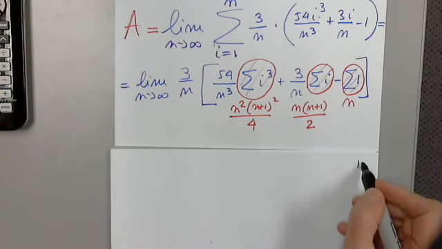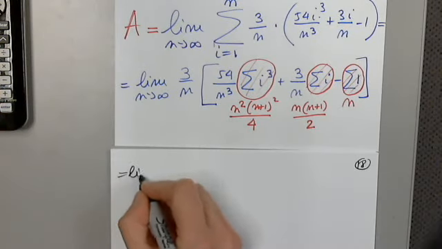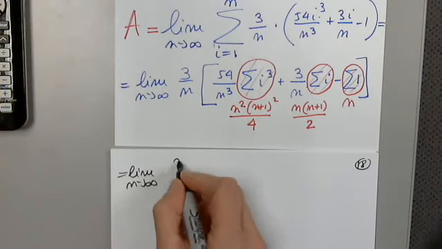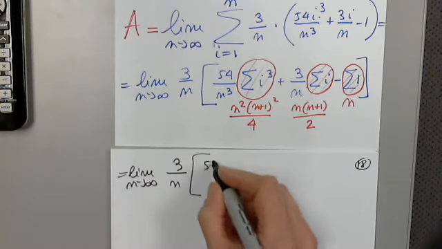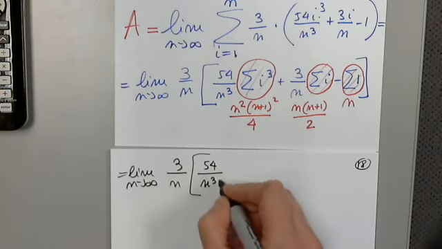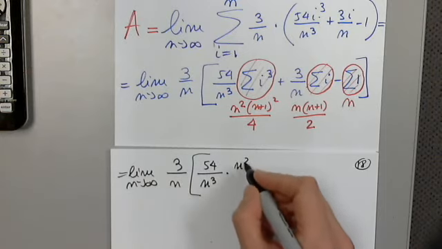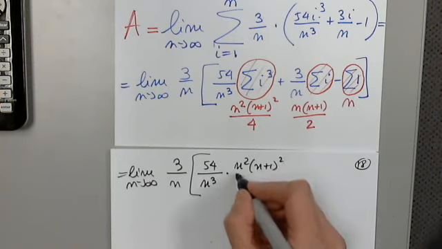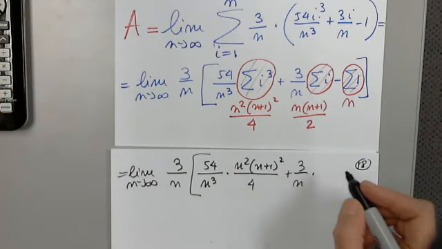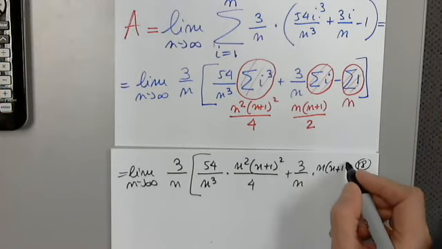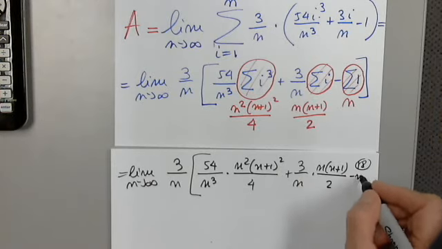Okay. So this is limit, n approaches infinity, from 3 over n, in brackets still, 54 over n cubed times n squared n plus 1 squared over 4 plus 3 over n times n plus 1 over 2 minus n.